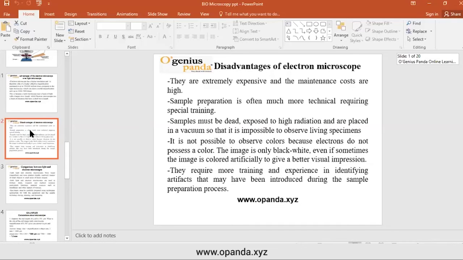They require more training and experience in finding artifacts that may have been produced during the sample preparation process. These are some disadvantages of electron microscopes: extremely expensive and also requiring high expertise.